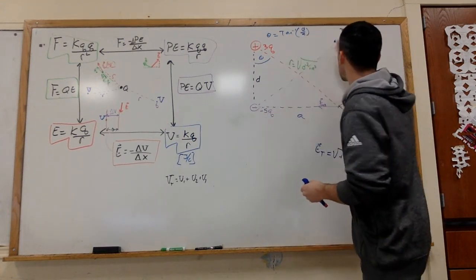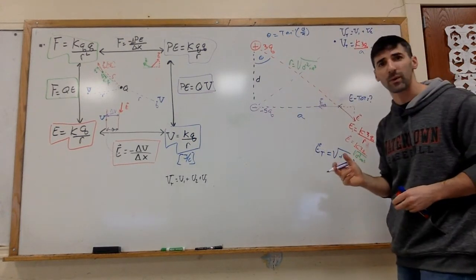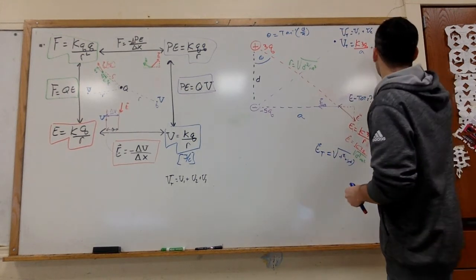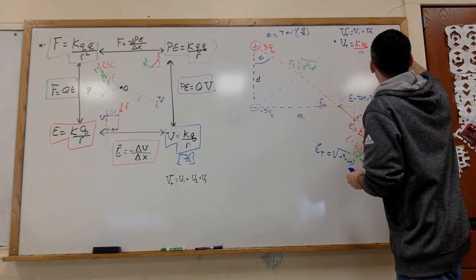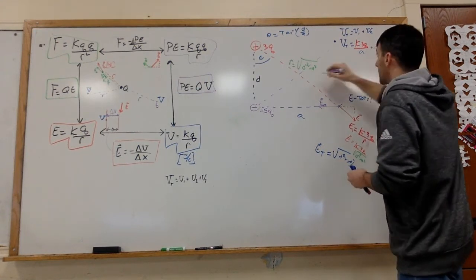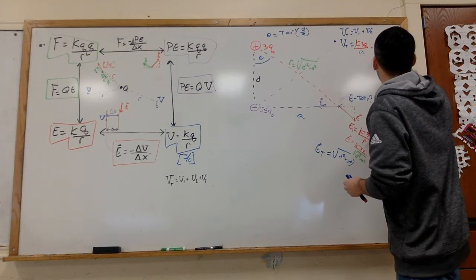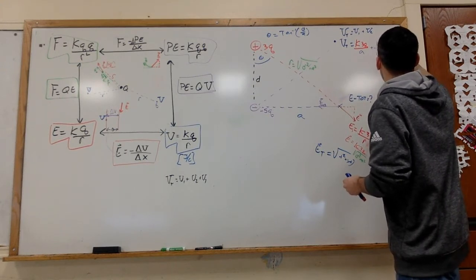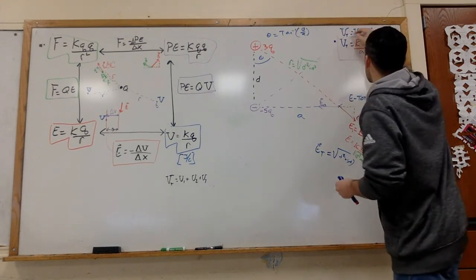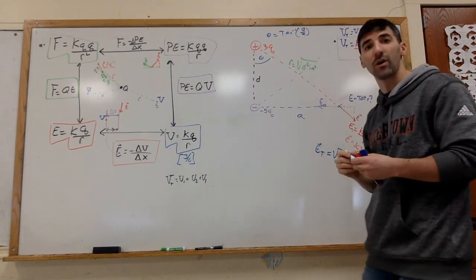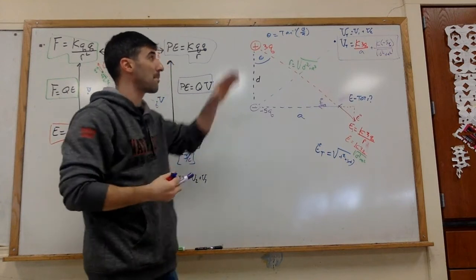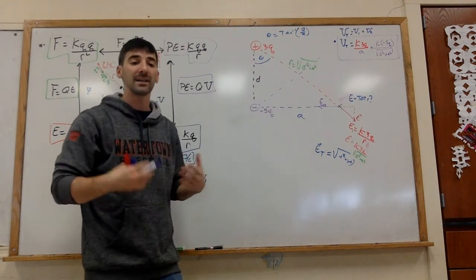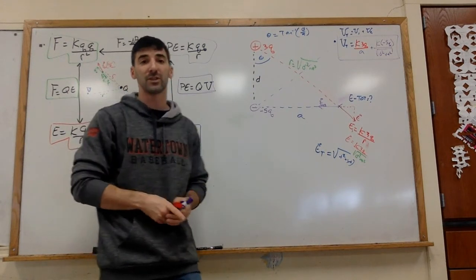So this radial distance, we know, is just going to be the square root of d squared plus a squared. And it's going to be just straight plugging in K times negative 5Q over the square root of d squared plus a squared. And electric potential is so easy, I just need to throw those numbers in. Again, I keep my negatives exactly where they were negative. I keep my positives exactly where I put positive. And it's a direct sum or direct addition of the two.